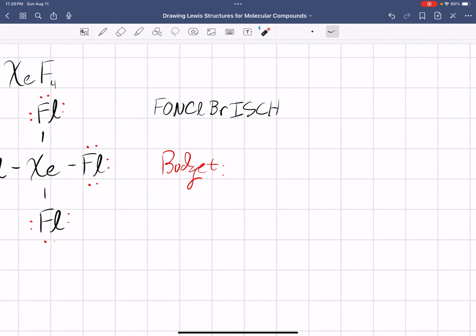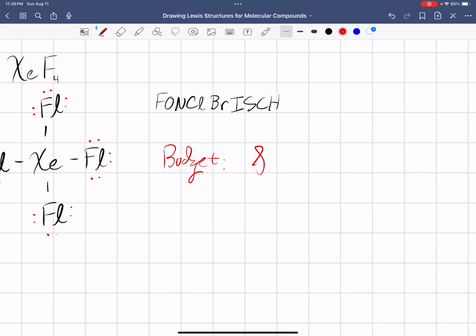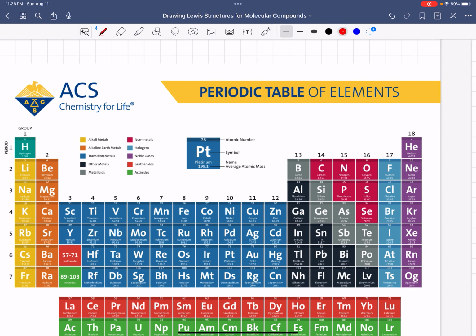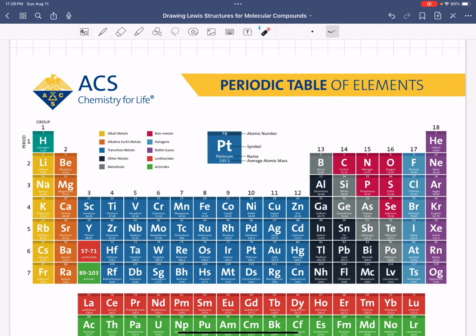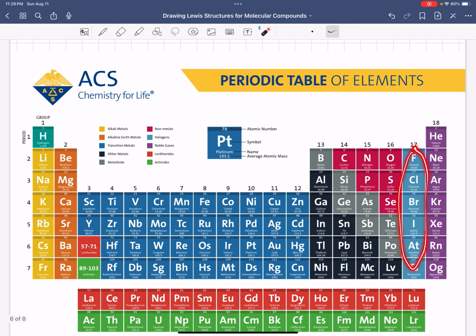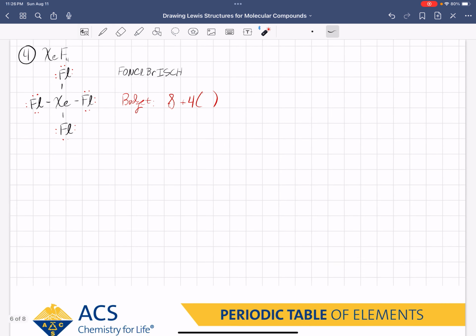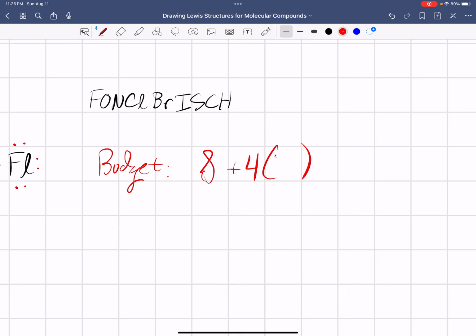So xenon had 8, just one xenon, plus we have 4 fluorines, so 4 times, and fluorine's a halogen, and all of the halogens have 1, 2, 3, 4, 5, 6, 7 valence electrons. So 7. So that's 28 plus 8, which is 36. So our budget of electrons is 36.